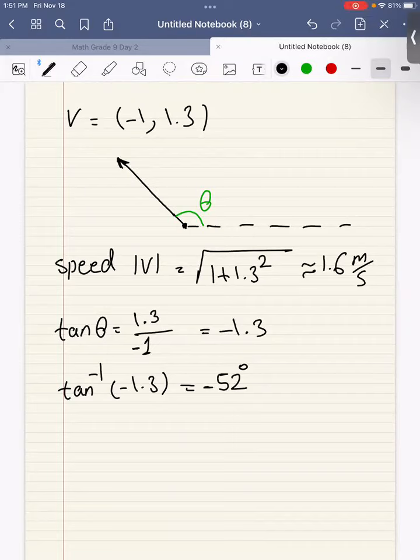So that means this theta is 180 degrees minus 52, which is equal to 128.